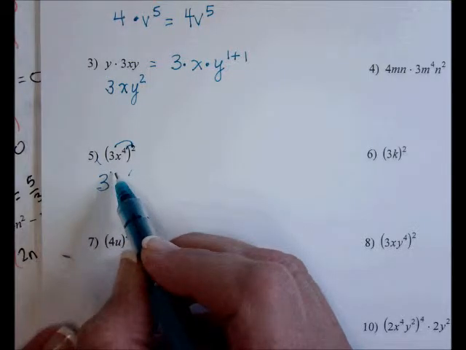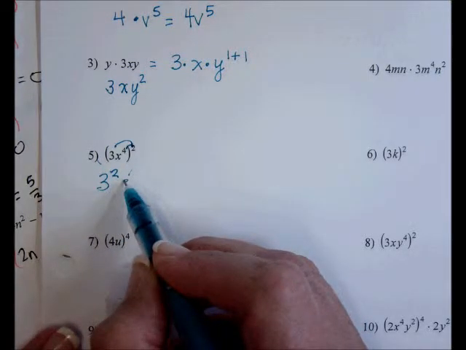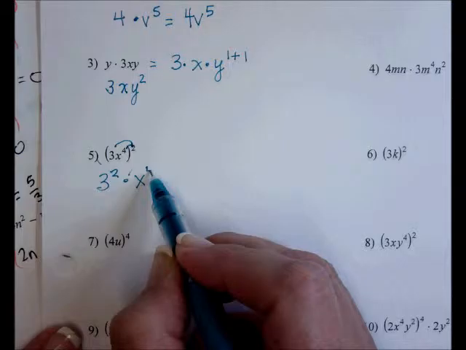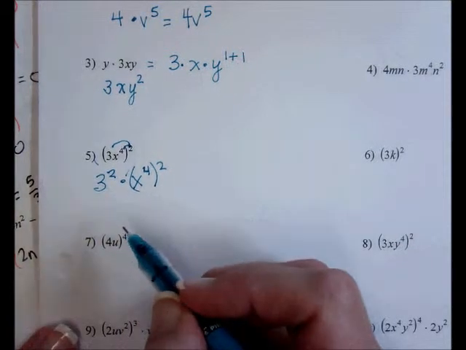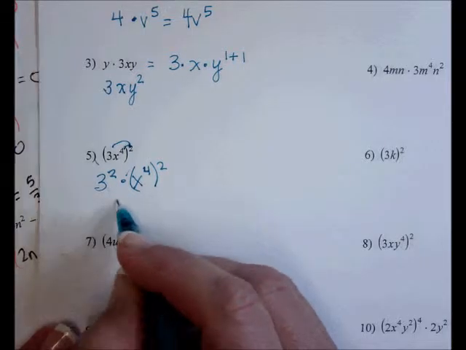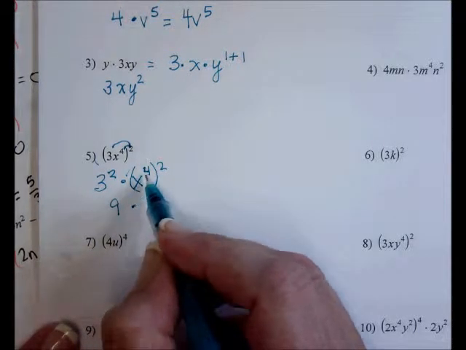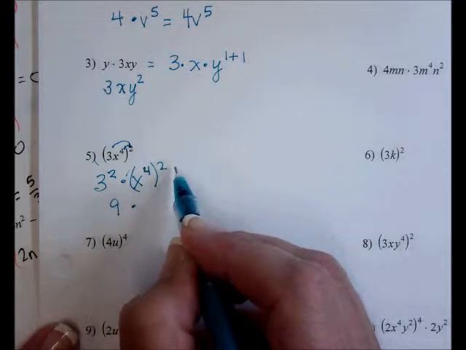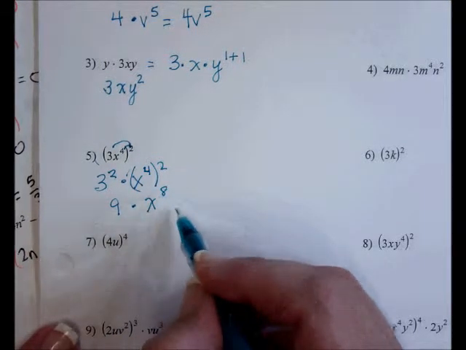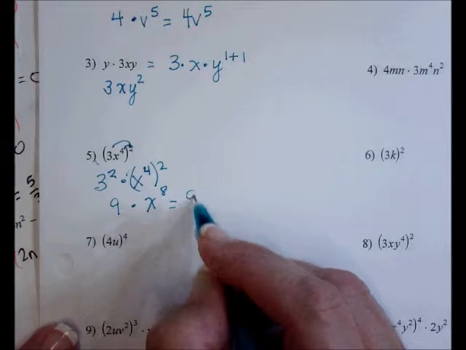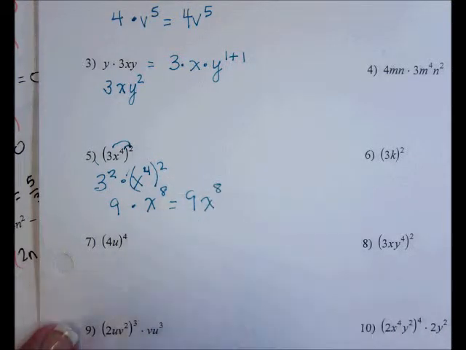So it becomes 3 squared times x to the 4th to the 2nd. So from our exponent rules, I'm just going to take 3 times 3 is 9. But whenever I have an exponent that is taken to another power, I'm going to multiply the exponents together. So that becomes times x to the 8th. So my final answer would be 9 times x to the 8th.